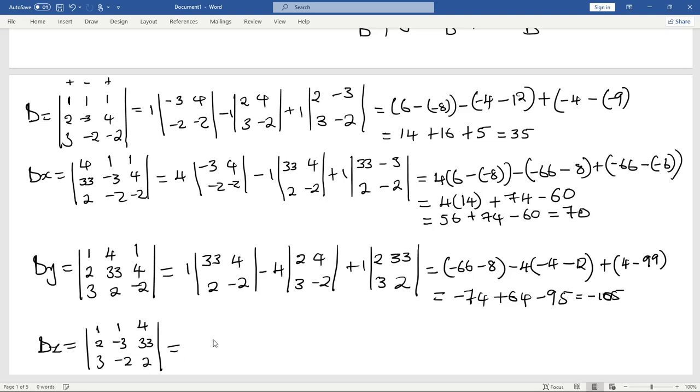We also calculate the determinant here. We keep a 1 there, then we have negative 3, 33 there, negative 2, and then 2 like this here, then minus 1. So now we remain with 2, 33, 3, and 2 here.